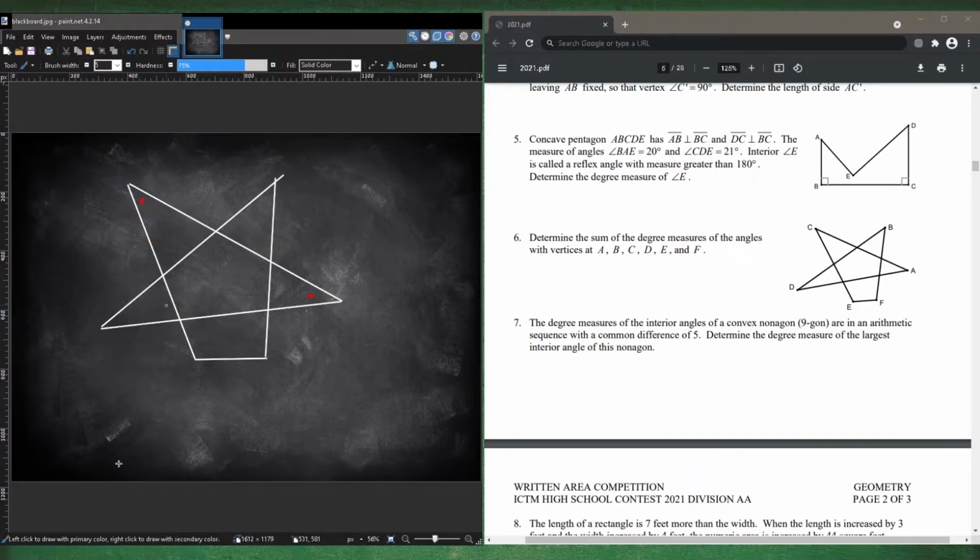And we could do the same thing with another triangle. So this triangle right here. Using the same idea, this vertex plus this vertex is equal to this exterior angle. I didn't draw this triangle pretty nicely, so it's kind of hard to tell. So this one plus this one equals this.